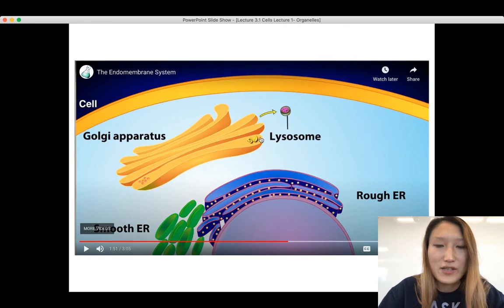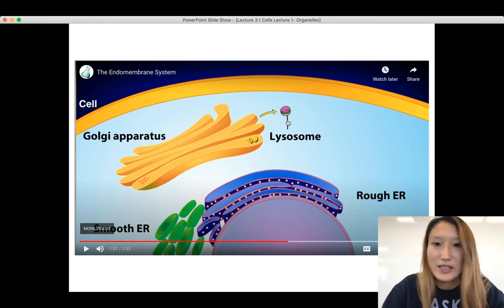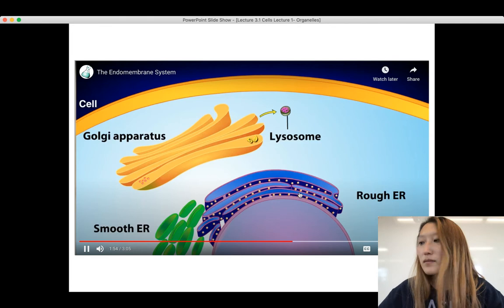All right, so in this case, we have these proteins, but then these proteins get packaged into a little vesicle, but this is a special vesicle. This is the lysosome. We'll talk about it.